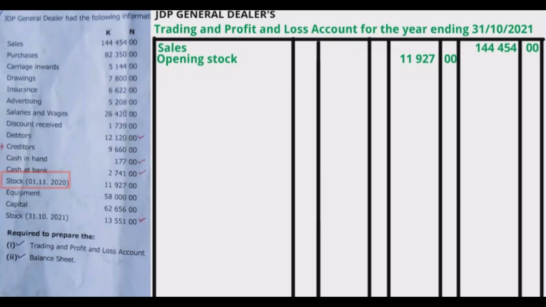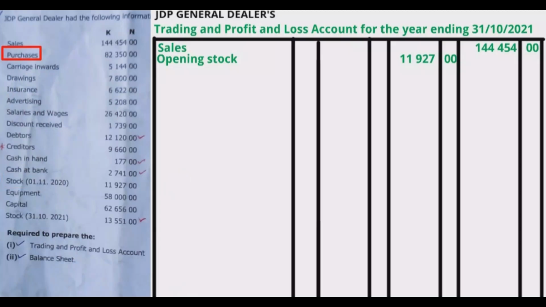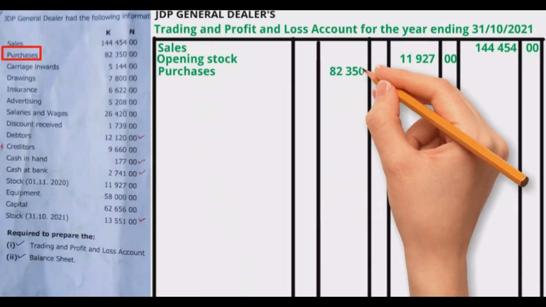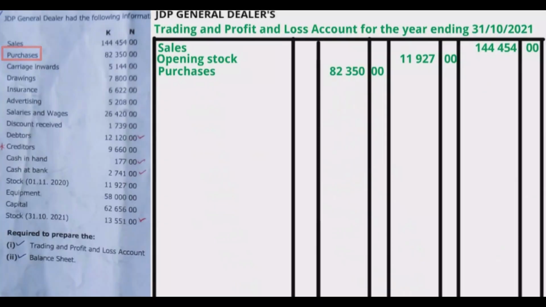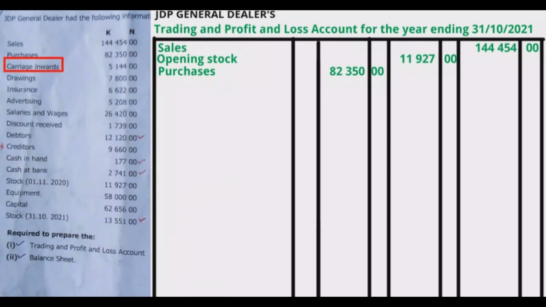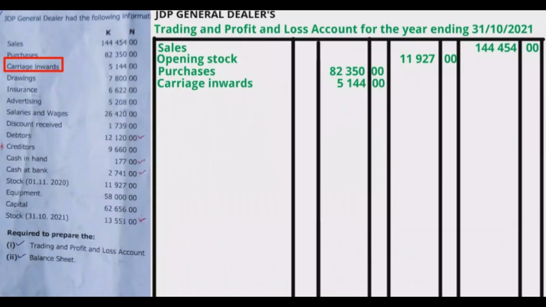Then thereafter we come to purchases. We had 82,350 for purchases. We record it there. Then we also had carriage inwards, which is 5,144. We record it there.